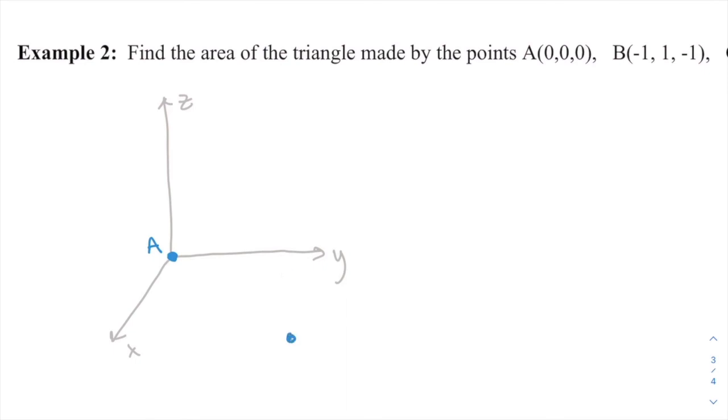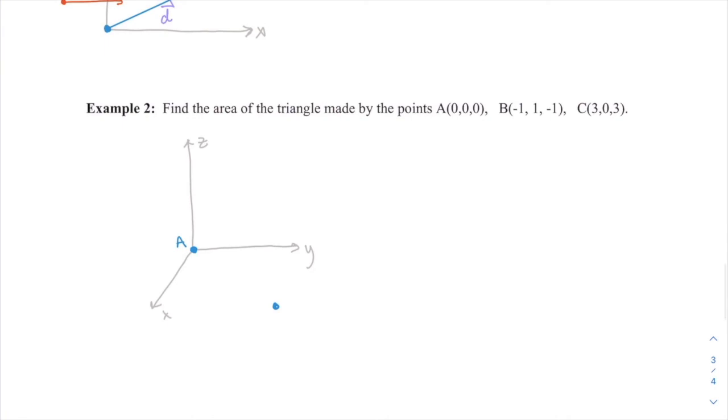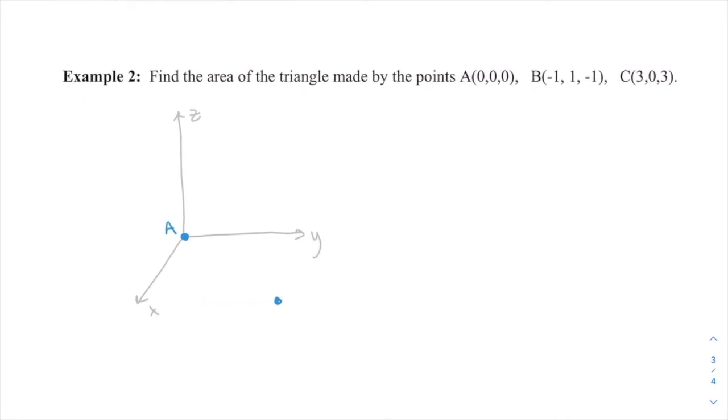And then we also have the point 3, 0, 3. So that's where this point is. Oh, this is C. Let me see if I can find a way to sketch this B point. So it's -1, 1, -1.